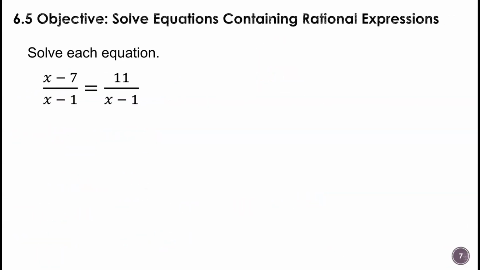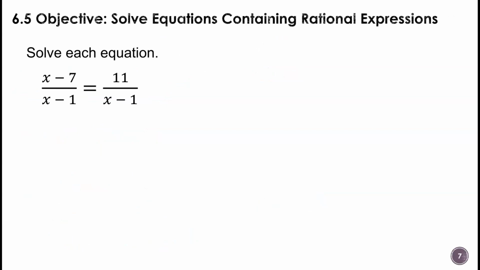All right, next. This is also one of those. It's not too bad because my denominators are both x minus 1. Okay. This time, my value that has to be excluded, remember I can set my denominator equal to 0 and solve. X equals 1. So I have to say that x cannot equal 1, and my LCD will be x minus 1. All right, so if 1 happens to be a solution, then we would say no solution.